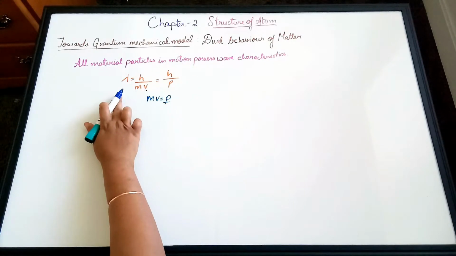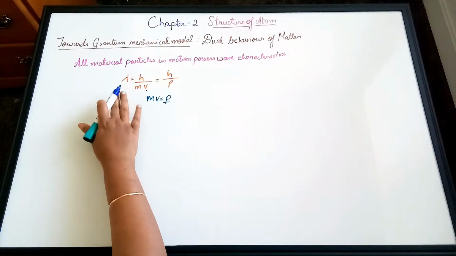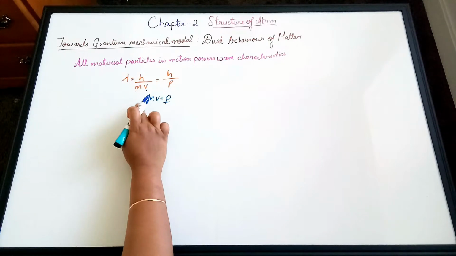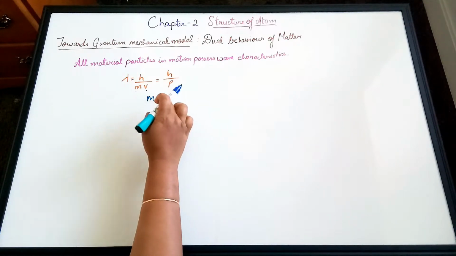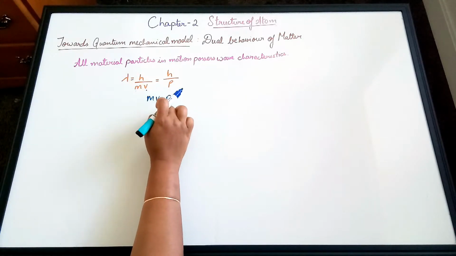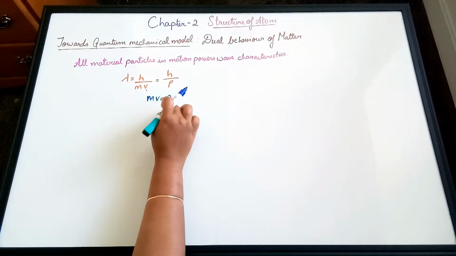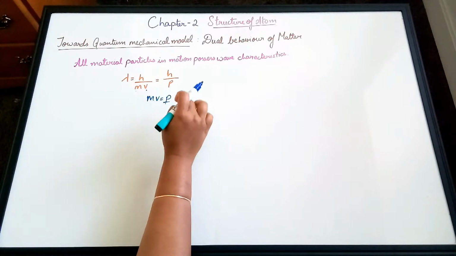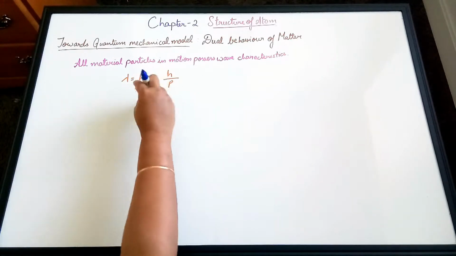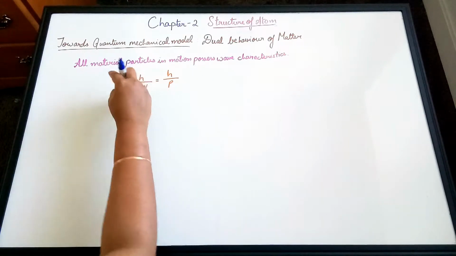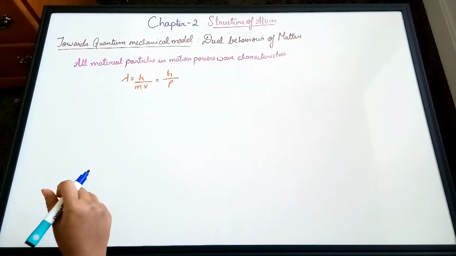So according to this equation, lambda equals h by mv, which is equal to h by p. So waves associated with material particles are matter waves or de Broglie waves. So let's see how he would have probably derived this particular equation.